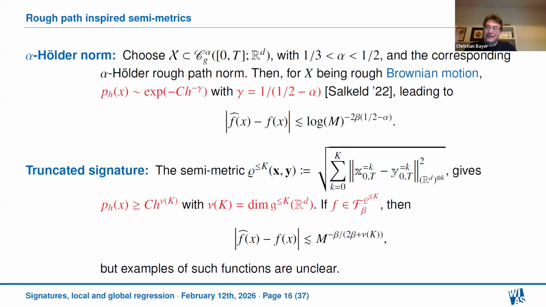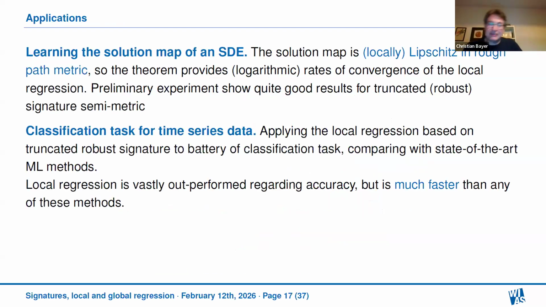But as we will see in practice, it seems to work really well. So we're very happy with that part. I would say this is maybe the first really rigorous rates for machine learning applications using signatures. They have been used quite a lot on a more empirical level.